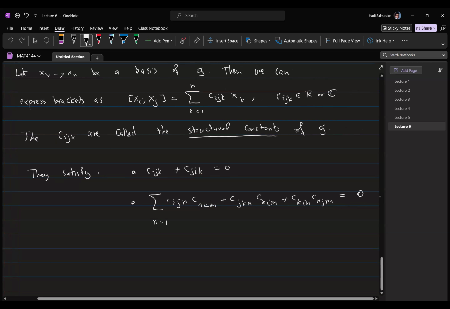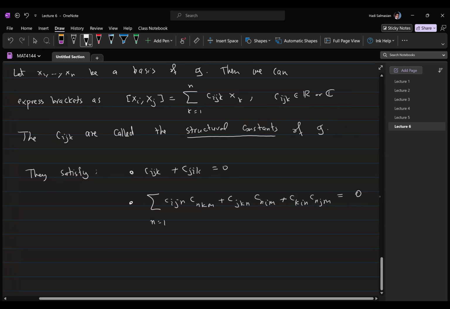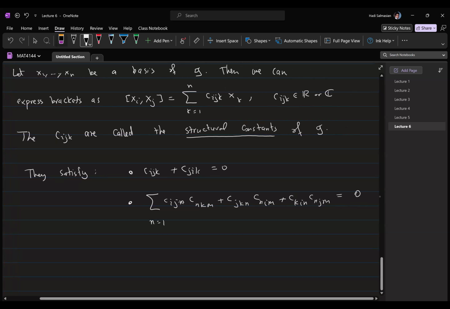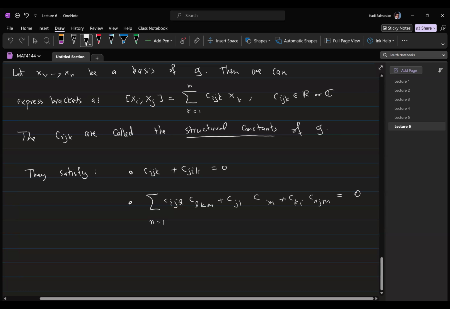Okay, bad notation, I guess. Maybe instead of n, I should have used l, because I had an n already. So the sum over l of c_ijl c_lkm plus c_jkl c_lim plus c_kil c_ljm is 0.